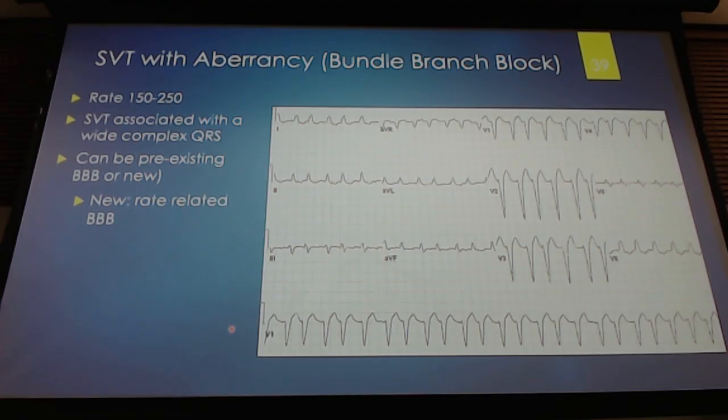Usually some sort of underlying cardiac disease. So on our EKG, we can just see this wide complex tachycardia, not as wide as we're going to see with that VTAC, okay? But still a wide complex, and still a fast rate.